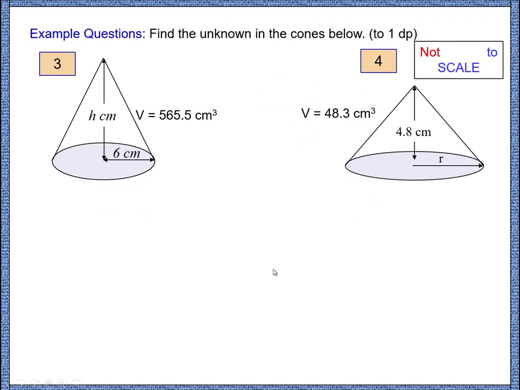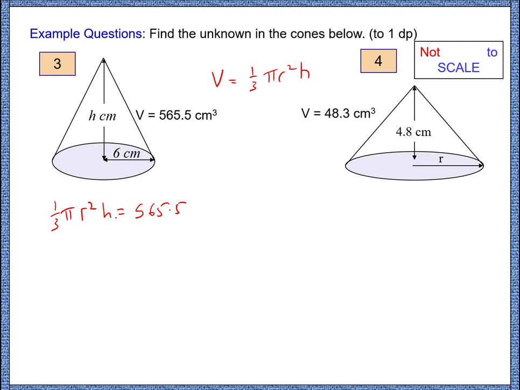Slightly different questions now. In the first one, they want us to find h. So as usual, we write our formula. V equals 1 over 3 pi r squared h. In this case we're looking for h, so 1 over 3 pi r squared h is equal to 565.5.